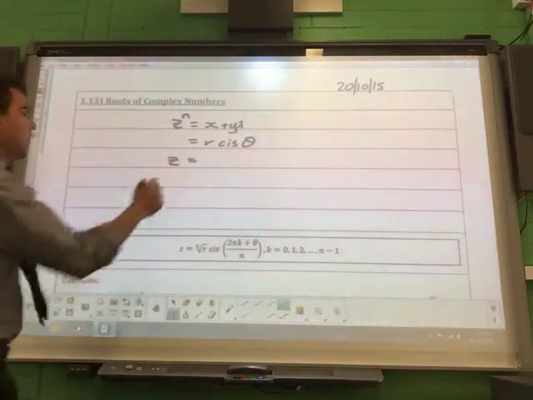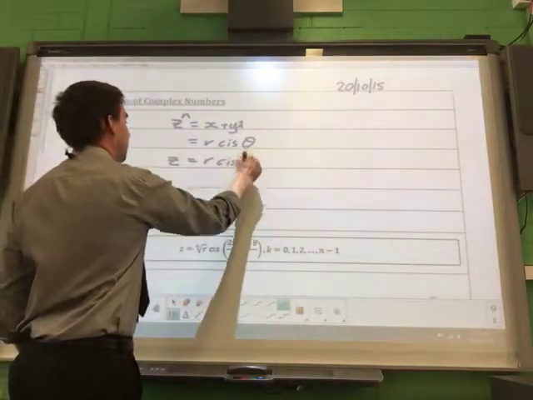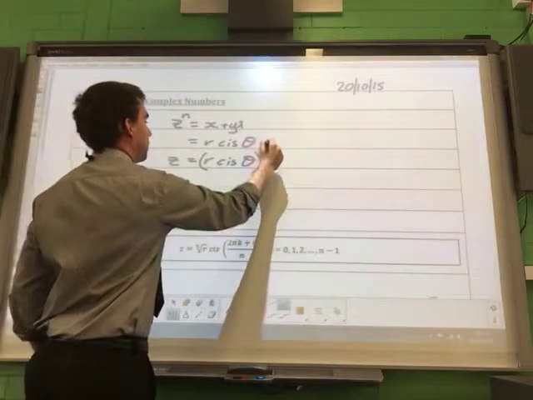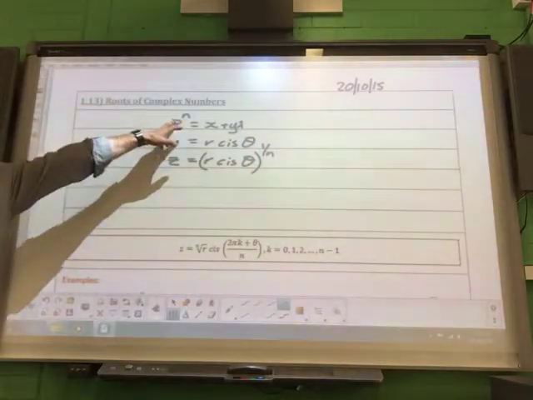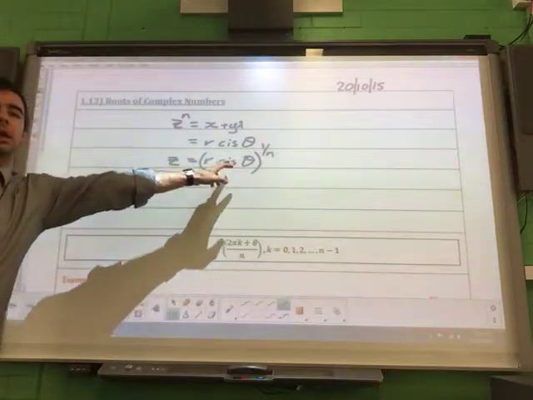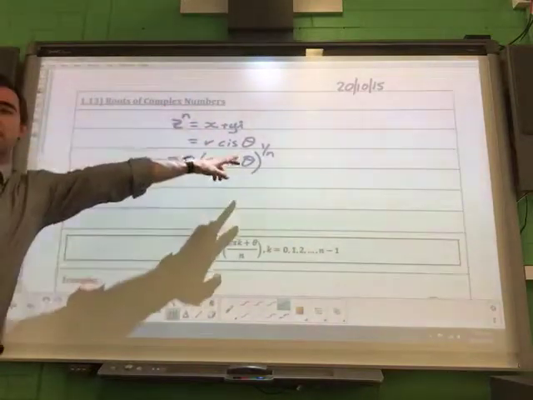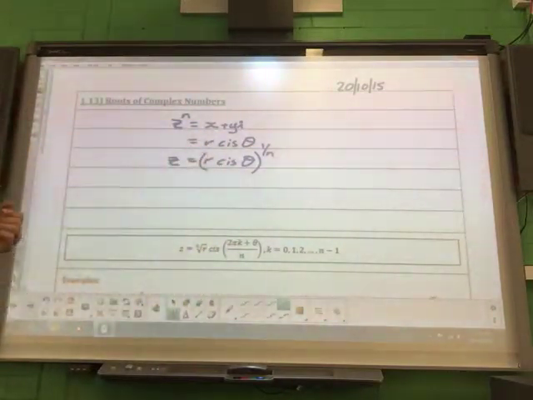So it becomes r cis theta to the 1 over n. Like taking the square root if it was 2, or if this is cubed, we'll be taking the cube root. So we're taking the nth root of that.